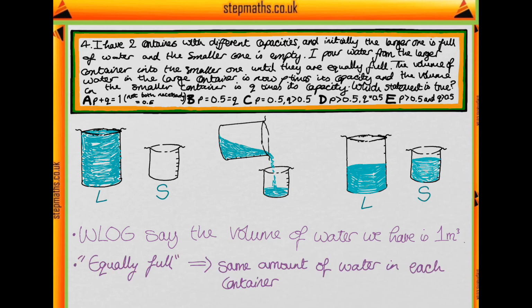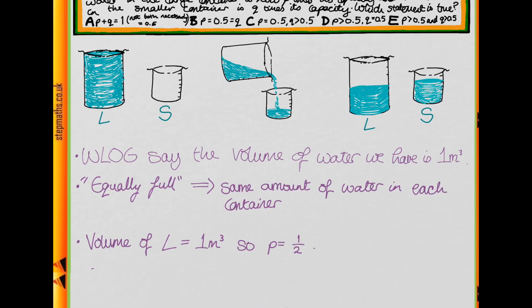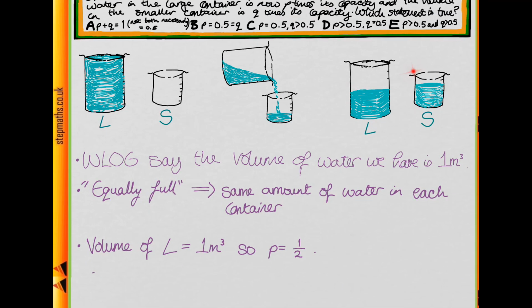So the second statement we can say is we're just going to talk about this phrase in the question, equally full, and this just means that we have the same amount of water in each container. So if we start with 1 metre cubed of water, then we're going to have 0.5 metre cubed in each container at the end here.